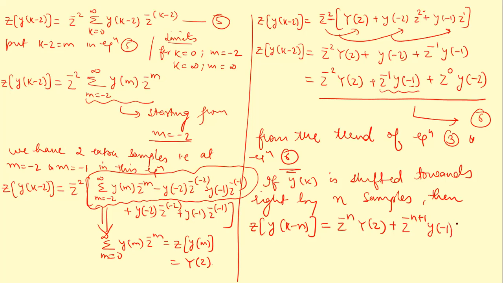Then plus z raised to the power minus n plus 2 y(-2), plus z raised to the power minus n plus 3 y(-3), and so on, right? So this is, let us say, equation number 7. This is the z transform of a sequence which is shifted towards right, or which has a delay shift or backward shift, by n samples. So in this way you can find the z transform of such a sequence.